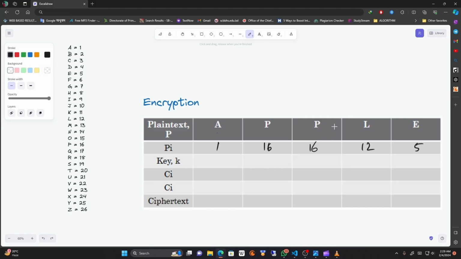In this case, let's think of our key value as a random number, 3157 for each one.